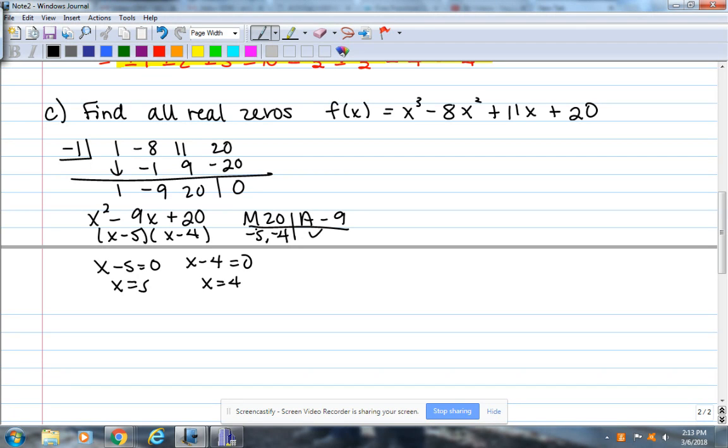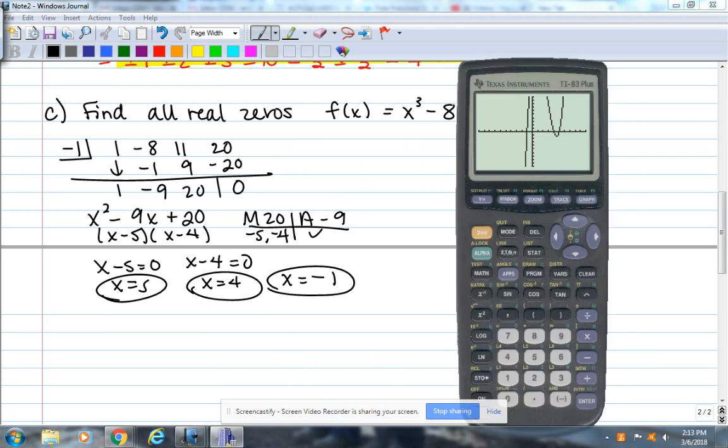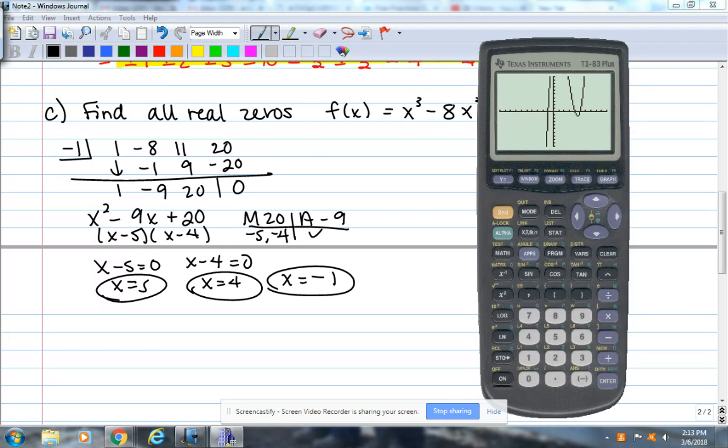And don't forget that one we found on the calculator. X equals -1. These are all of my real zeros. And again, when we did our calculator, did my other two cross at 5 and 4? Yes. So use your calculator to get 1, synthetic to get the other 2. Synthetic and then factor. Okay?